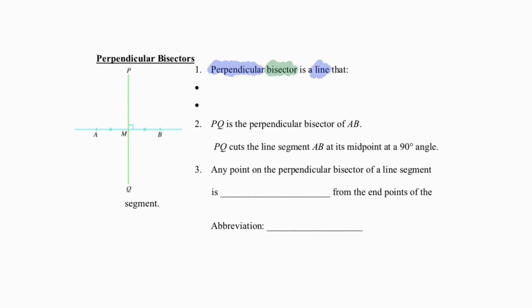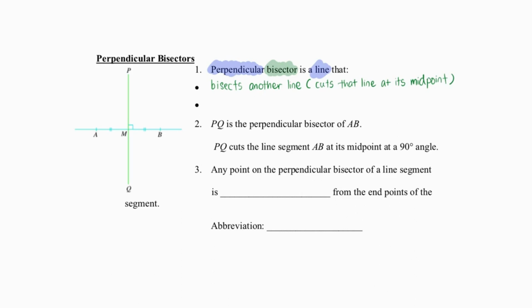A bisector simply means a line that bisects another line. And the meaning of bisect is that it cuts that line at its midpoint, right in the middle. Another meaning is that it cuts the line into two equal parts.